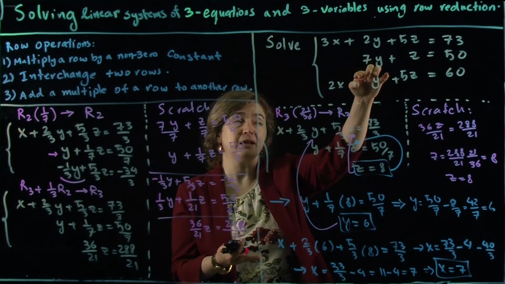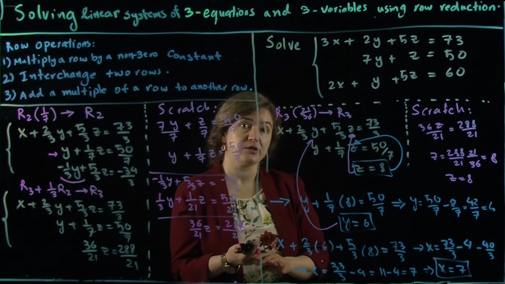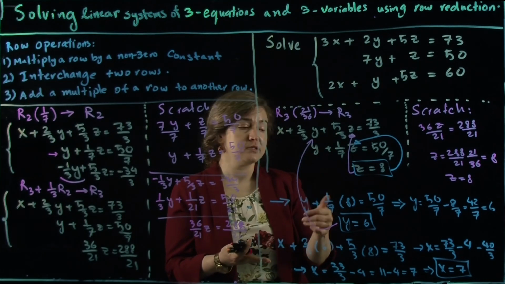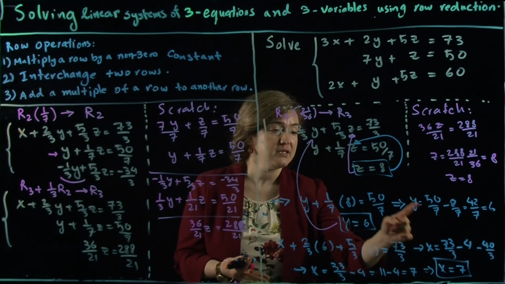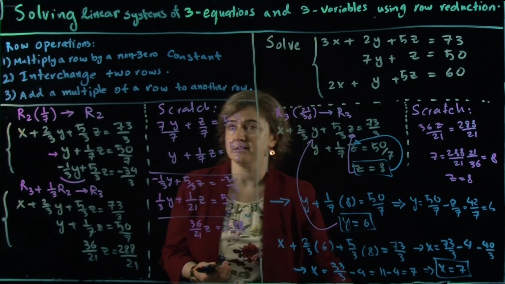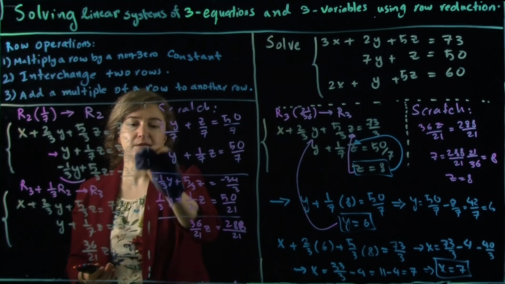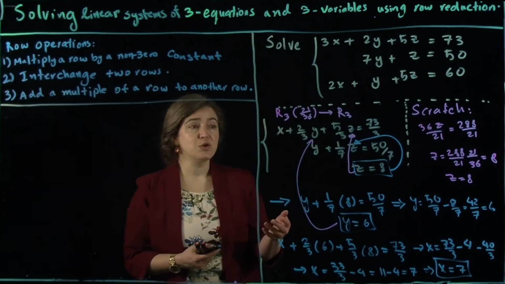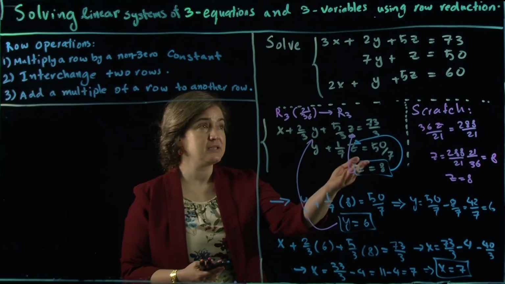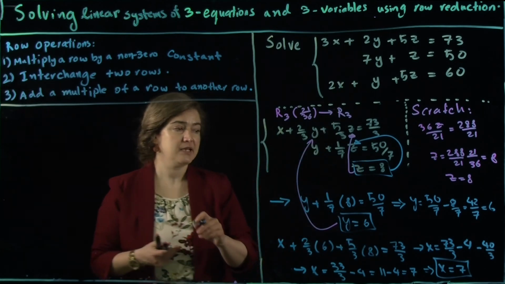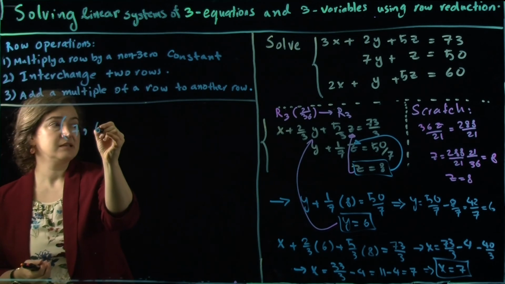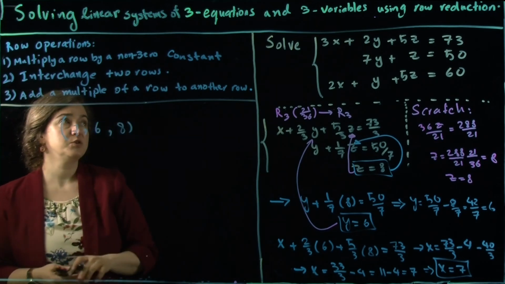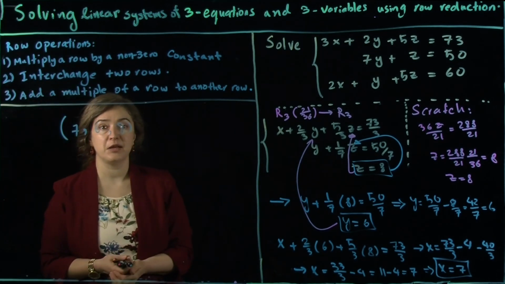So these 3 planes actually intersect each other in one point. And that one point is 7, 6, and 8. So I'm going to rewrite this. Now I can write the solution to this system as the triplet 7, 6, and 8, which is a point in 3-dimensional space.